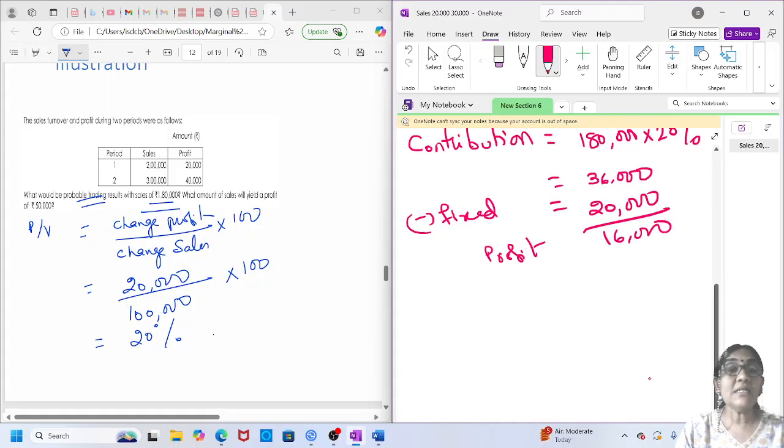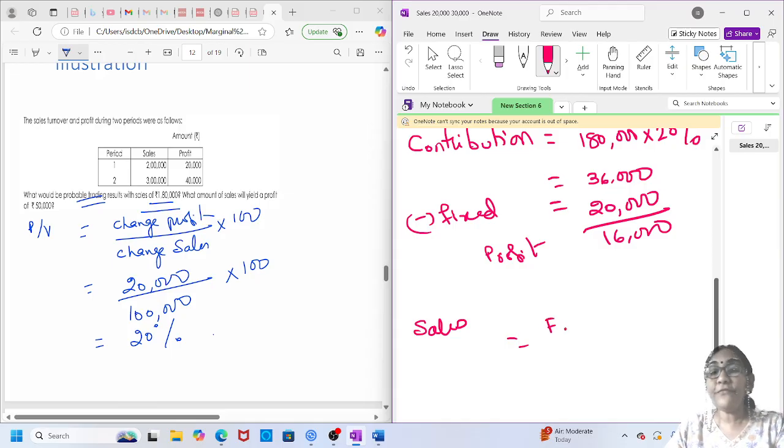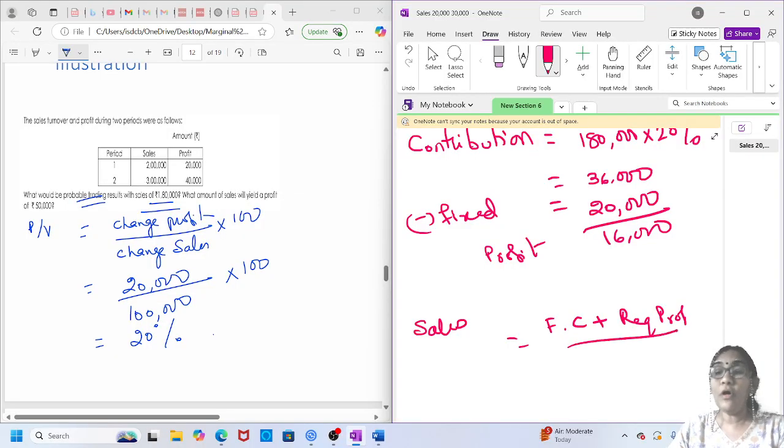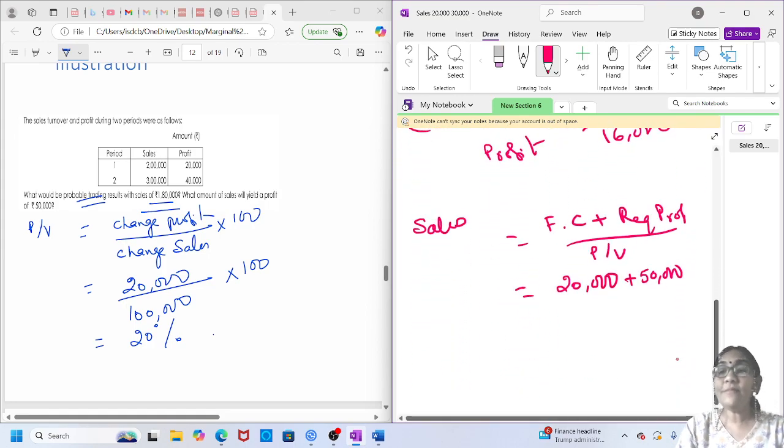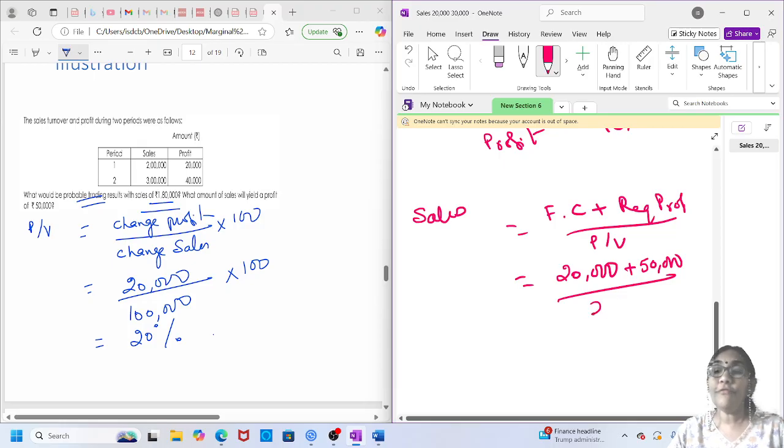Now they have asked us what should be the amount of sales to get a profit of 50,000. So sales should be, if you remember, fixed cost plus required profit upon the PV ratio. So in this case, the fixed cost we have already calculated as 20,000. Required profit is 50,000, divided by PV ratio of 20%.